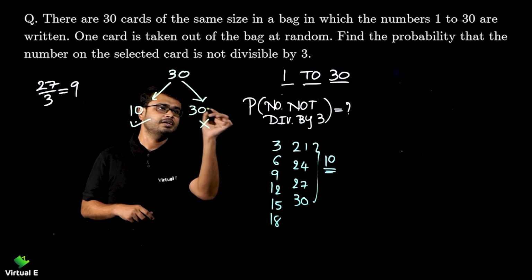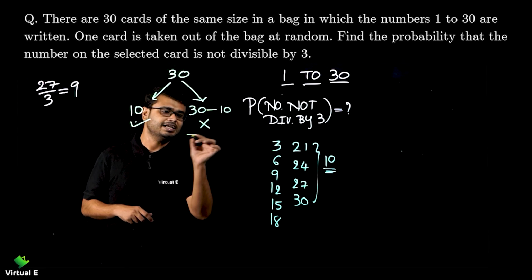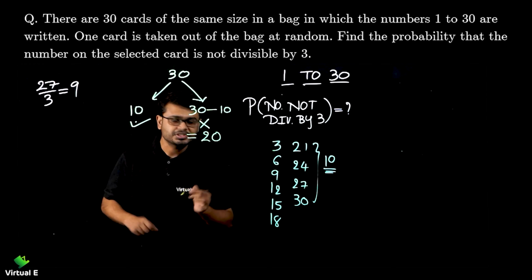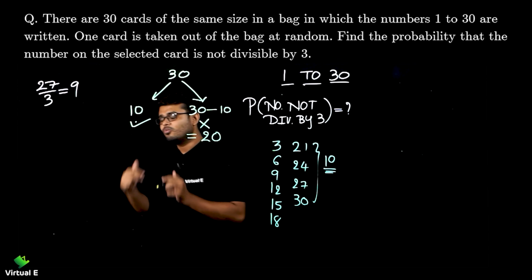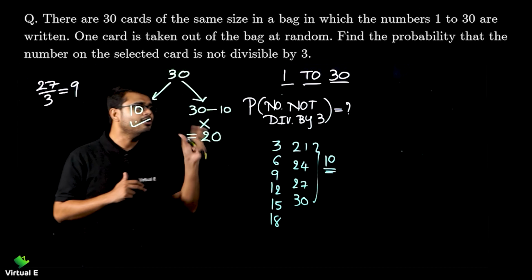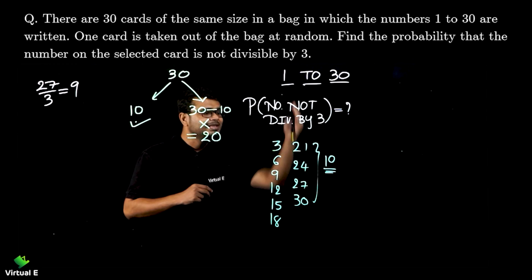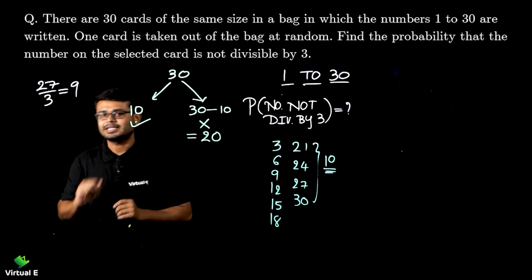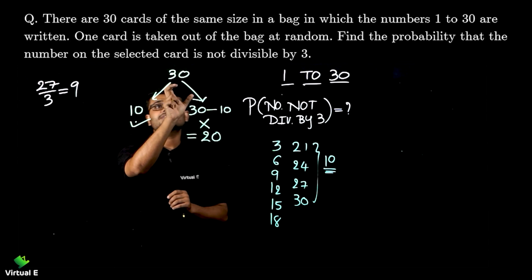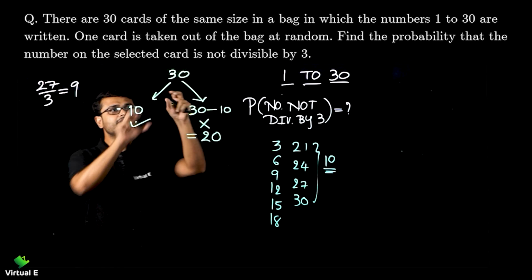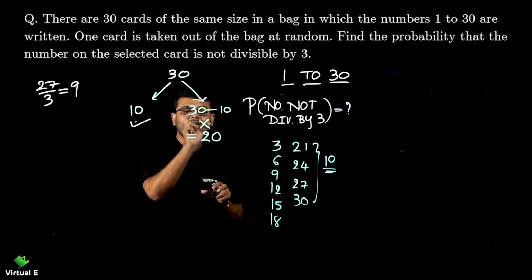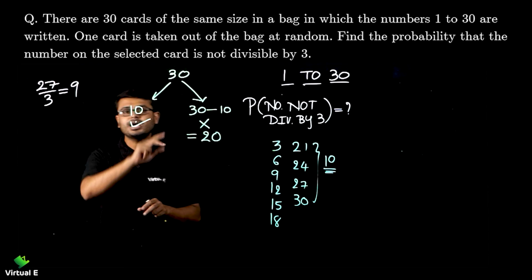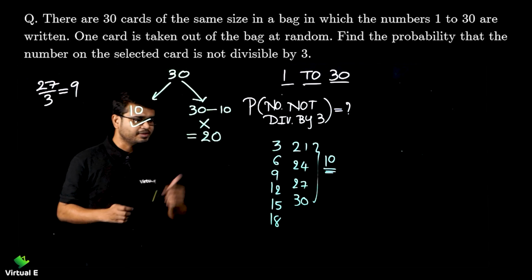That is 30 minus 10, that will be 20 numbers which are not divisible by 3. Understand the logic. First of all, I took all the numbers between 1 to 30 that are divisible by 3, that is 10, and we know total numbers are 30. So out of 30 I have removed 10, so what's left? 20 only.